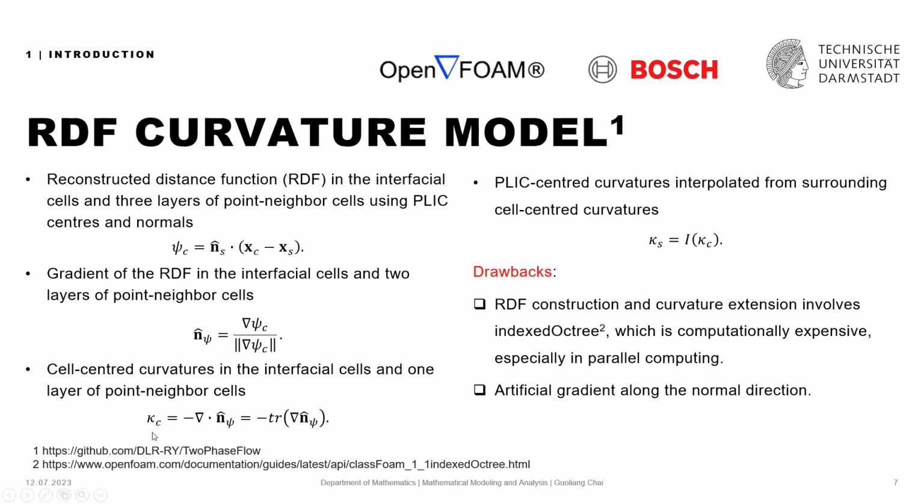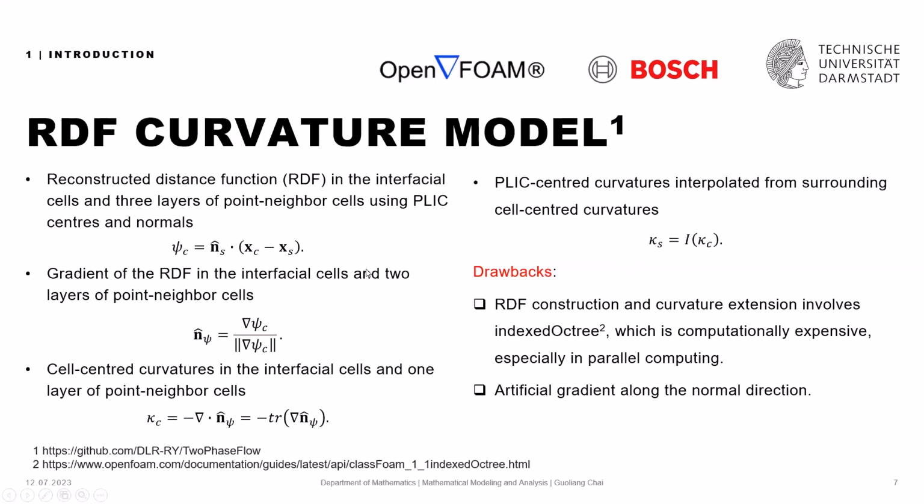Now we have cell-centered curvature values, but actually we want the curvature value on the surface, on the interface. So next they interpolate the cell-centered curvature to the PLIC center.